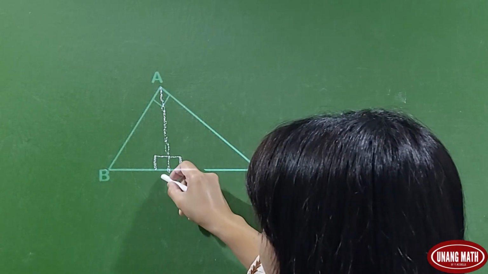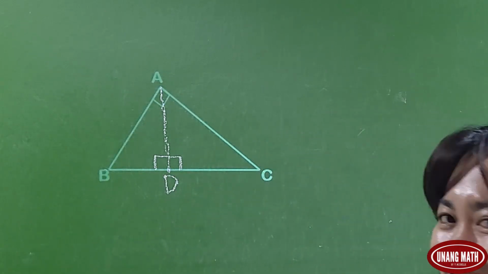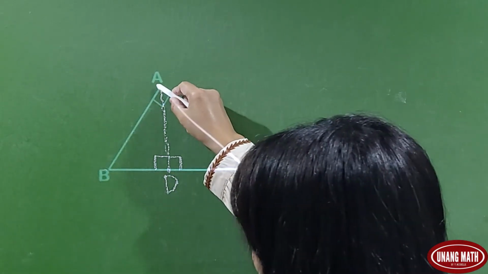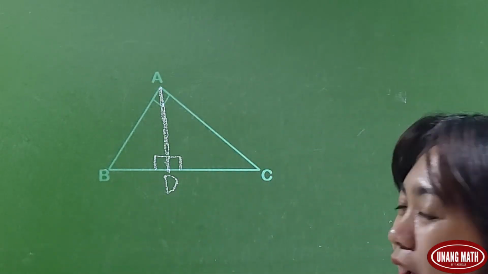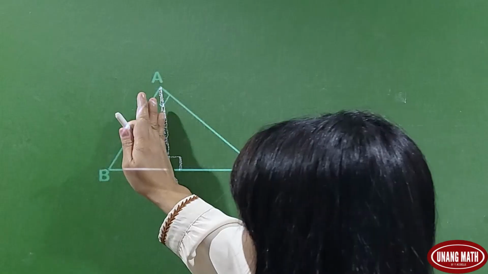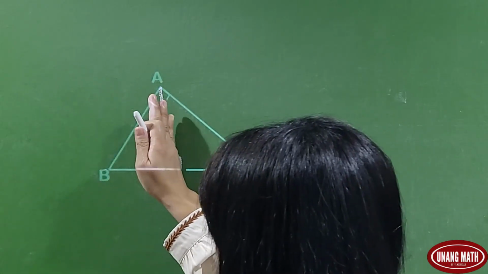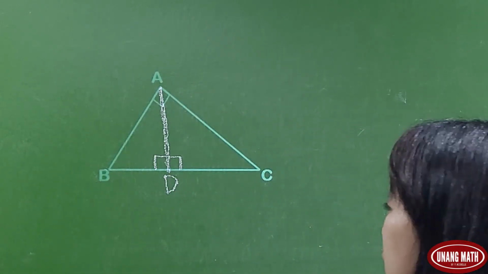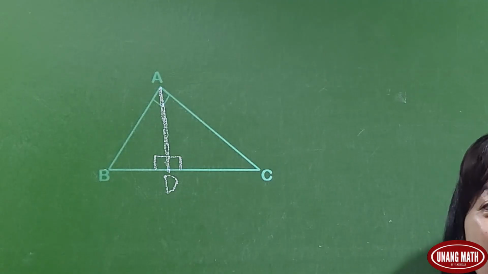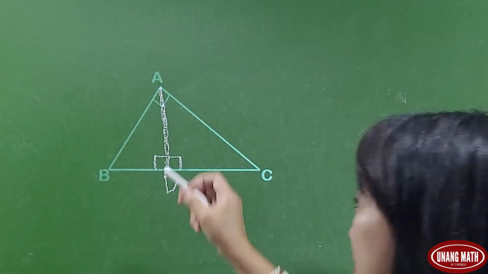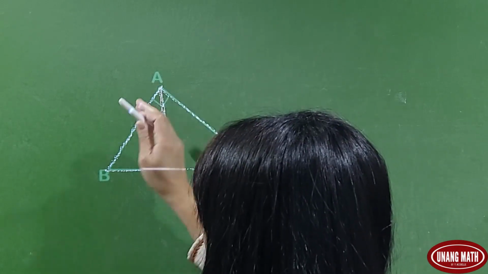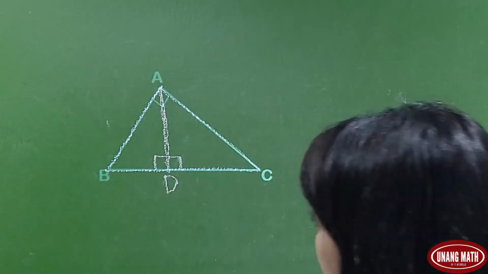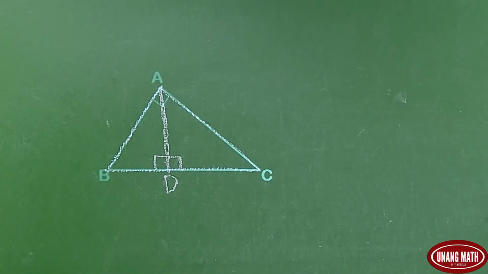Let's name this point, point D. When we draw this straight line, or the height of this right triangle, we now have this right triangle and this right triangle. So in total, we have 3 right triangles. We have this original right triangle and these 2 smaller right triangles.